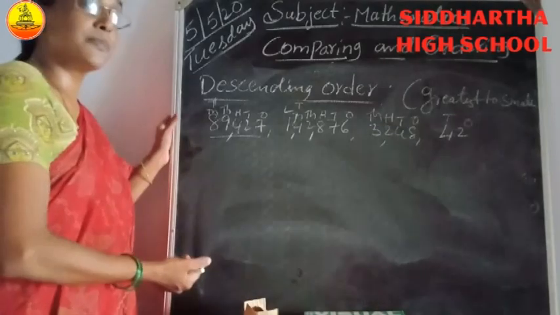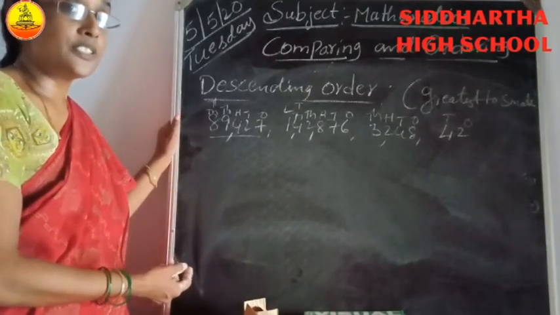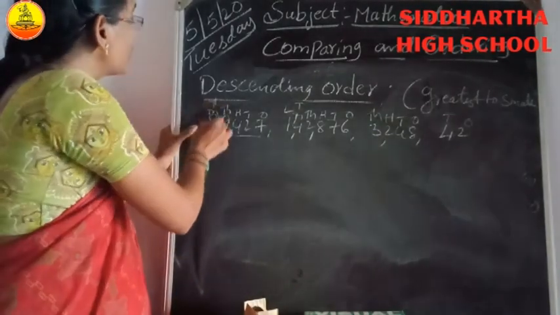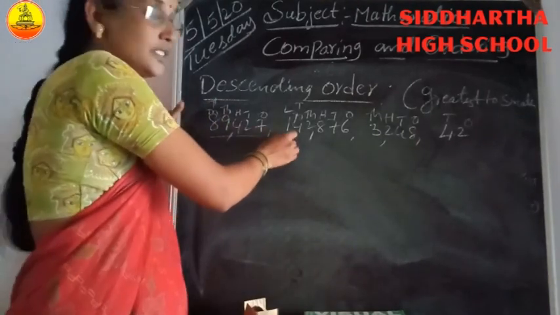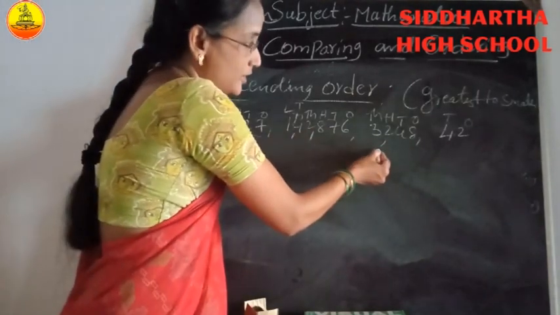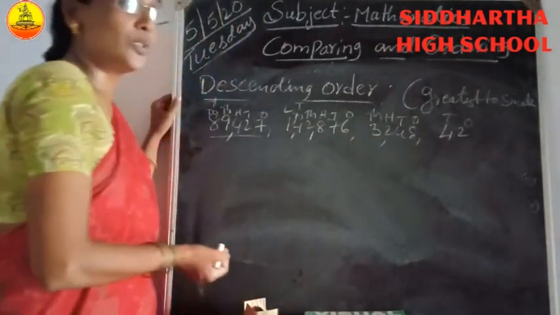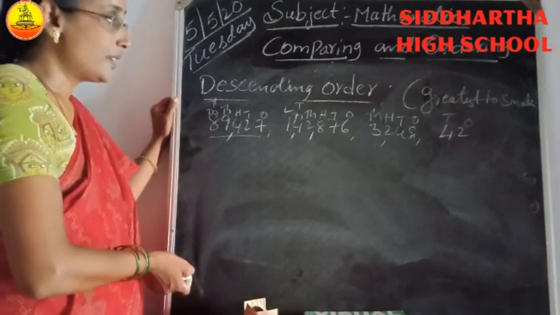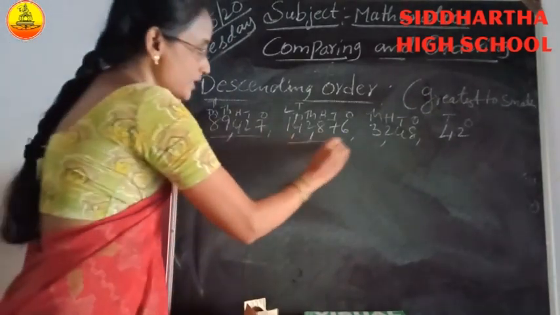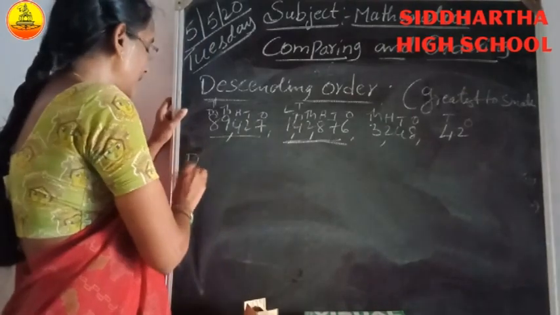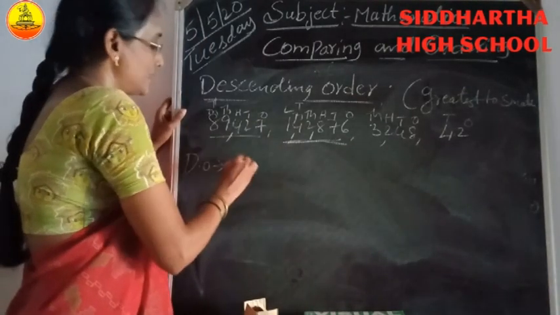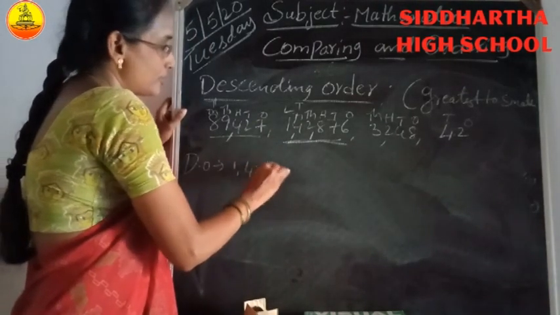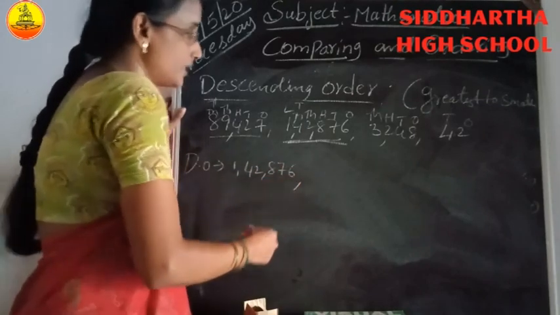In this one, which is the biggest? This is up to thousands only, 5 digits. This is 6 digits, up to lakhs. This is 4 digits, up to 1000. This is 2 digits, only the tens. So the 6 digit number is big. This is 1,42,876.